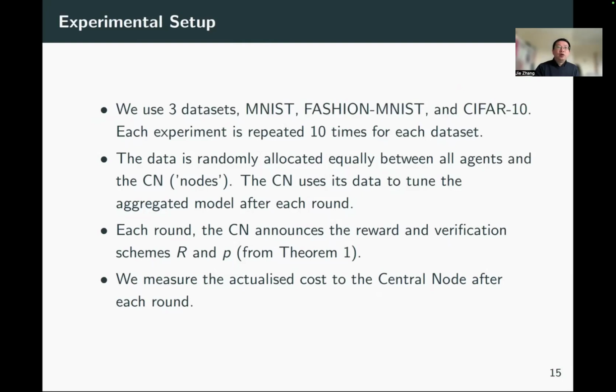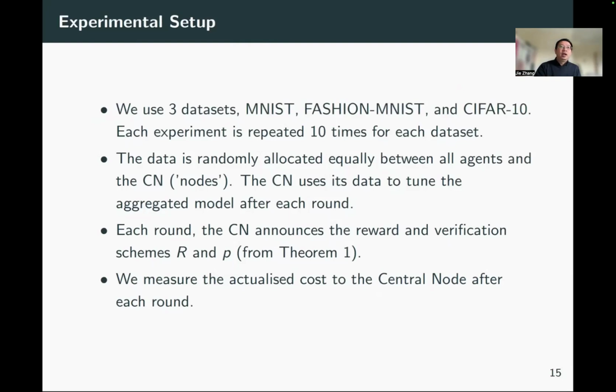So we use a small, fairly standard CNN, convolutional neural network, that we train on those data sets, and we repeat that 10 times from scratch, resetting all the parameters. We run 10 new experiments on each of those data sets. The data is allocated randomly between the agents, and additionally, the central node has its own training.